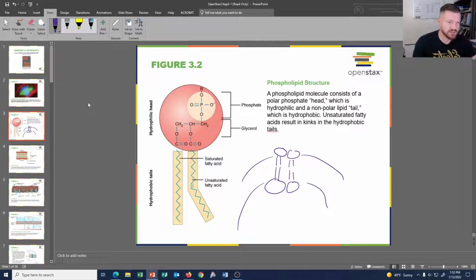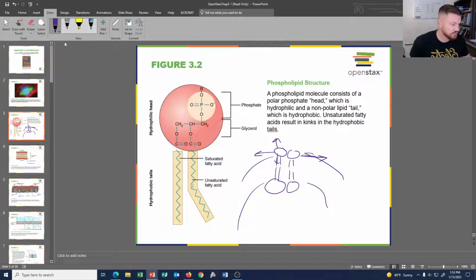And they do this spontaneously. You don't need energy necessarily to put them together. The other thing that'll happen with these phospholipids is they can move in this direction, they can move in this direction, they can move backwards, they can move forwards.